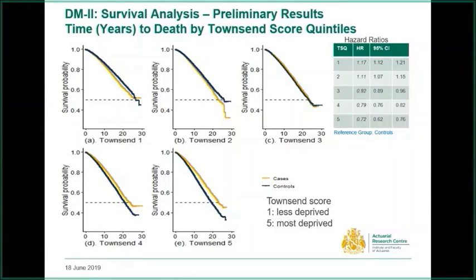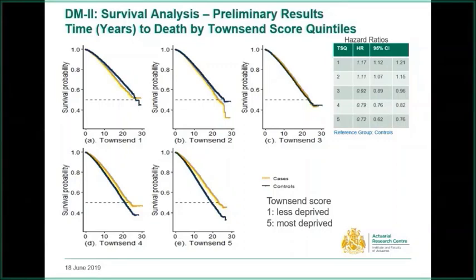We can look also at the top right corner. We have the hazard ratios that we got using the control as the reference group. We can see that in the less deprived areas, the cases, in particular those who are diabetic, with diabetes mellitus 2, have a higher risk of mortality compared to controls.